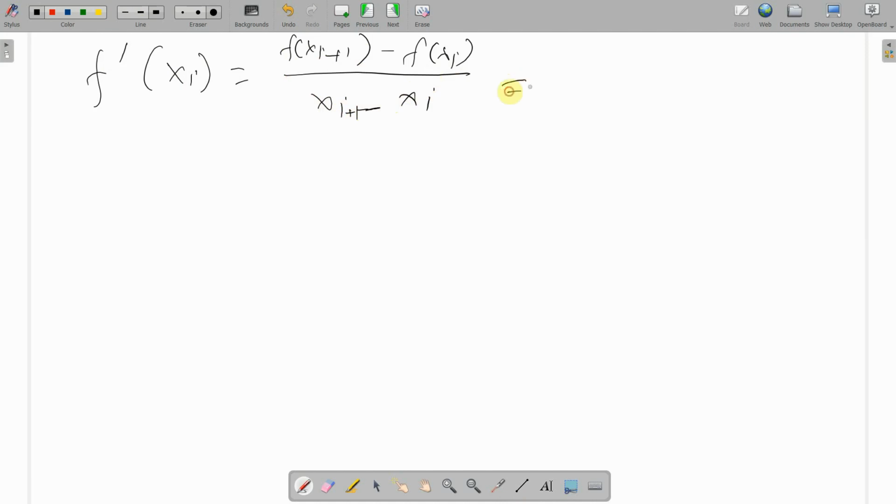I'm writing it in short form, otherwise it will take much time: f2 minus f1 over x2 minus x1.